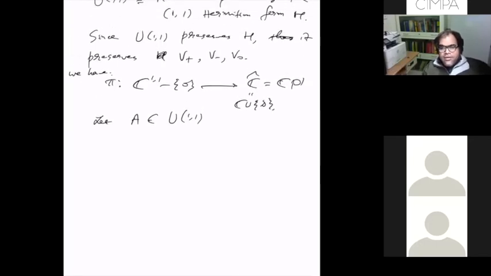We have already seen in the other class that you can mod them out by the center. But if you take the set of all determinant 1 matrices, then it has the advantage that the center is discrete. But let's not get into that at the moment. So let A be in U1,1. Now, what is π A Z, where Z belongs to C?